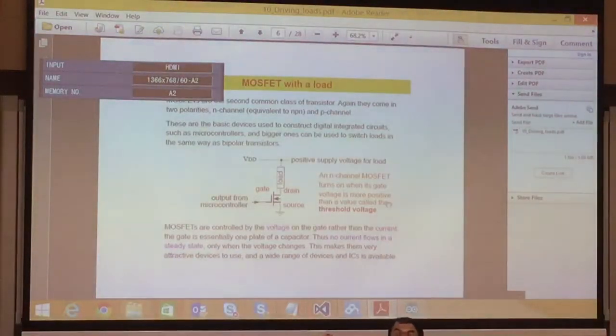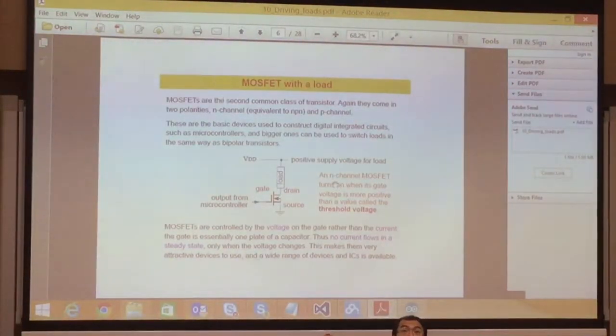To turn on the MOSFET, there is a voltage called the threshold voltage. Basically, your gate voltage needs to be above the threshold voltage so the MOSFET can be turned on. The typical threshold voltage is also around 0.6, 0.7. So this number you just remember, because for the diode we say the terminal voltage is 0.7 volts.